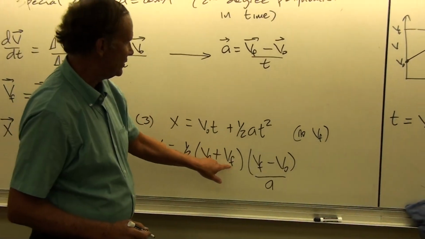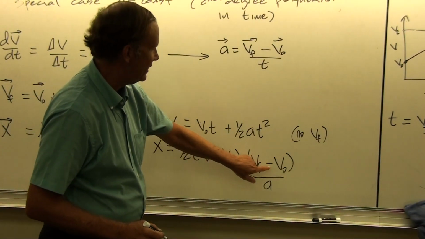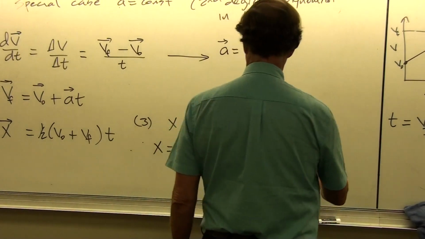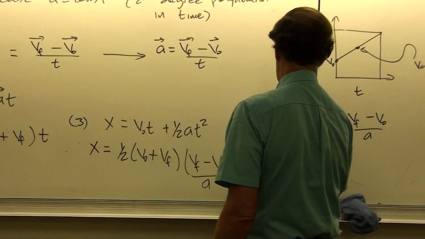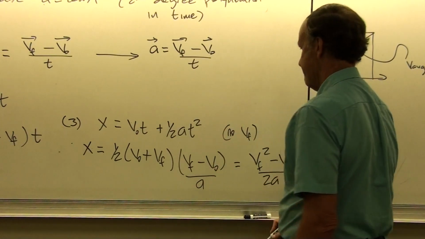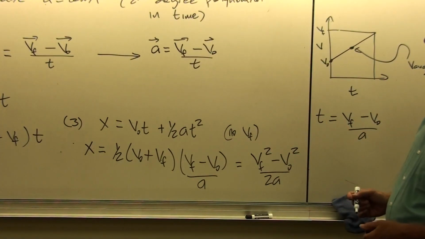Okay, and then I have the sum and the difference here. It's like x plus y and x minus y. That would be x squared minus y squared. So here we can write this as v final squared minus v initial squared over 2a. So that's just the sum and the difference is the difference in the squares.